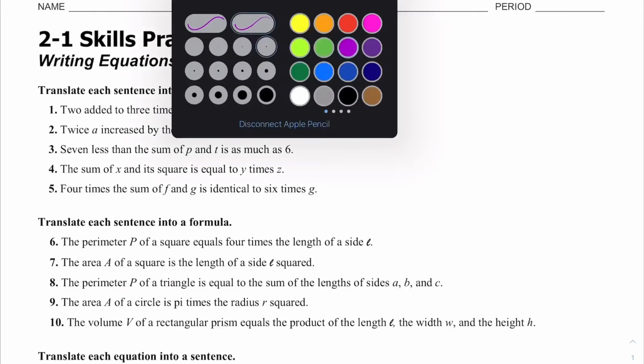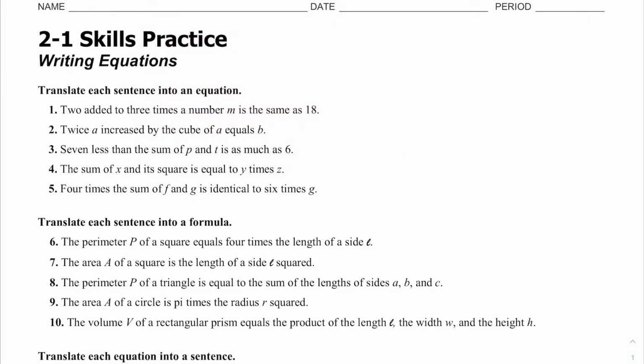Welcome to this video. In this lesson, we're going to go over, once again, translating from the words to the algebra, and from the algebra to the words. The reason we're doing this again is because before, it was just for an expression, and this time, we're going to have an equation.